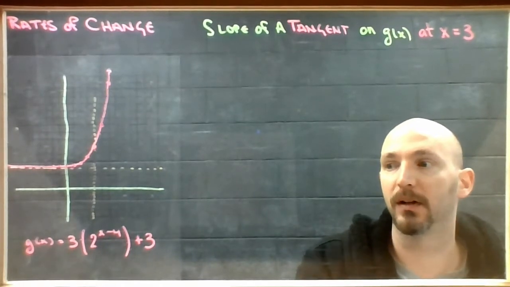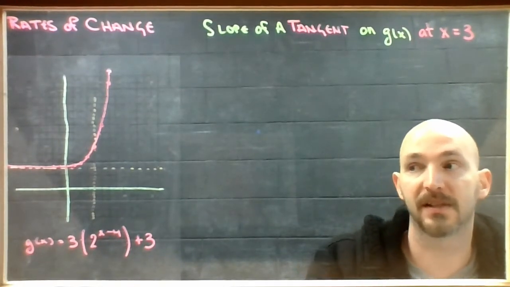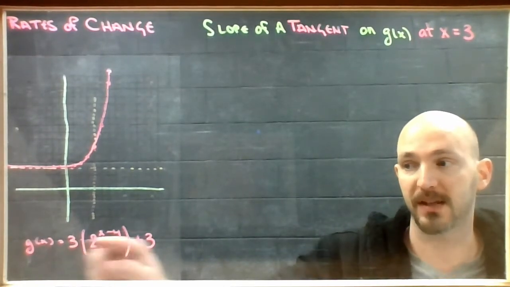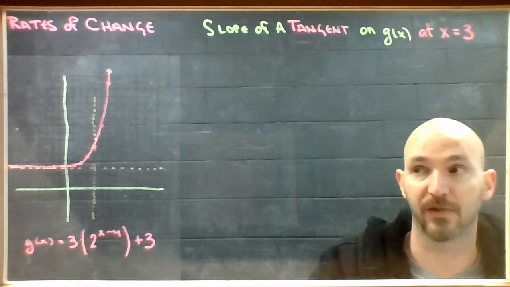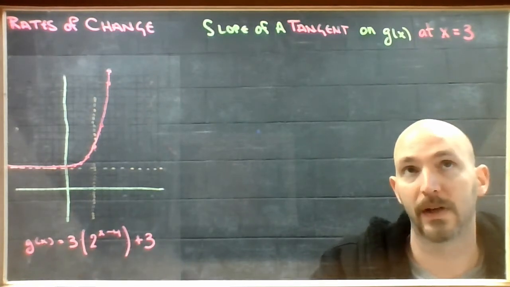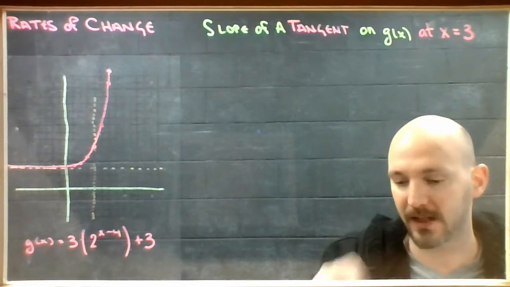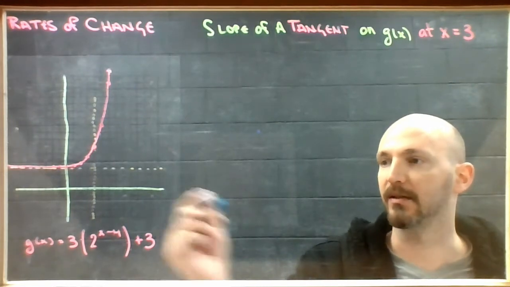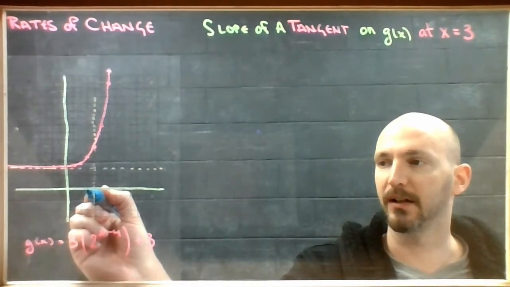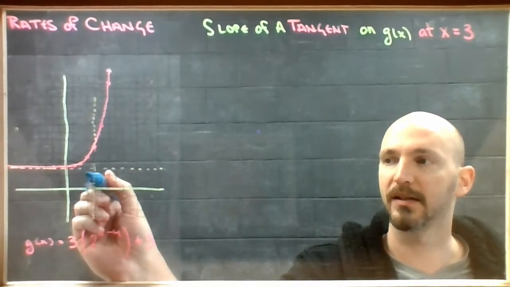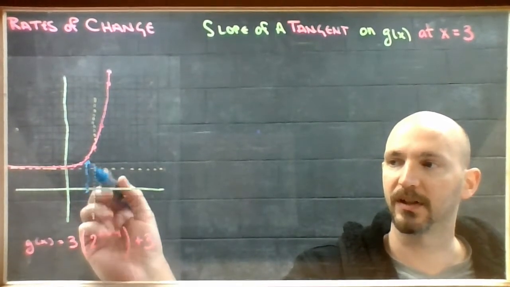Alright, so I'm going to try and determine the slope of a tangent to this particular curve, this exponential, which I've drawn for you, when x is 3. So the x value of 3 is 1, 2, it's right here. So I'm going to find the slope of this particular function at that place.